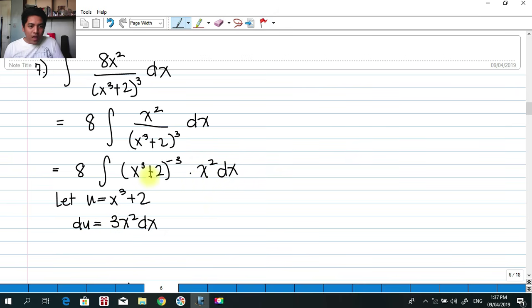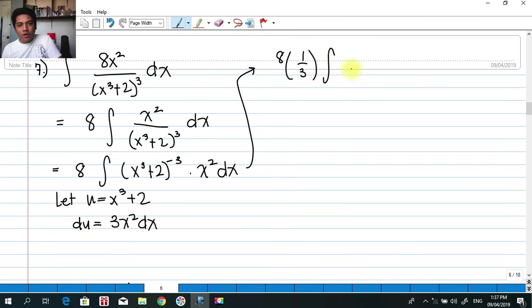And again, outside of the integral, we must have an offset of 1/3. So what will happen here is that 8 times 1/3, that is due to the 3x squared here, that's the integral of x cubed plus 2 raised to negative 3 times 3x squared dx.